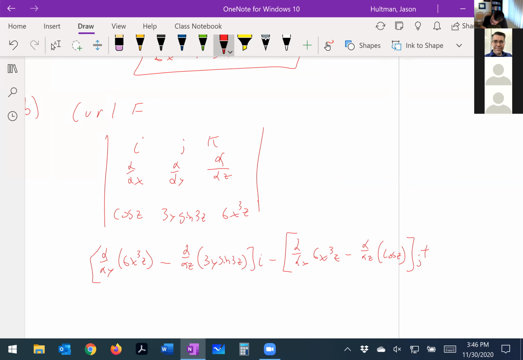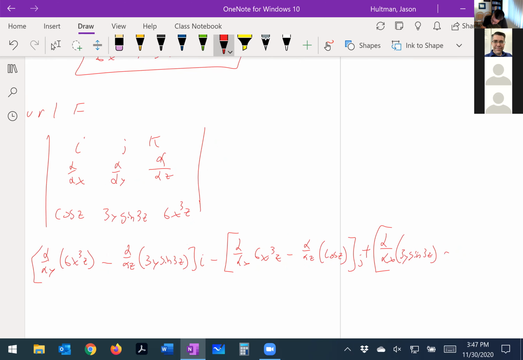I, j, and then a k. This is going to be d dx of 3y sine 3z minus d dy of cosine z.